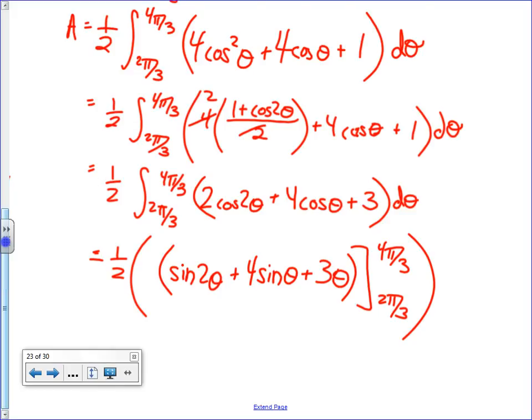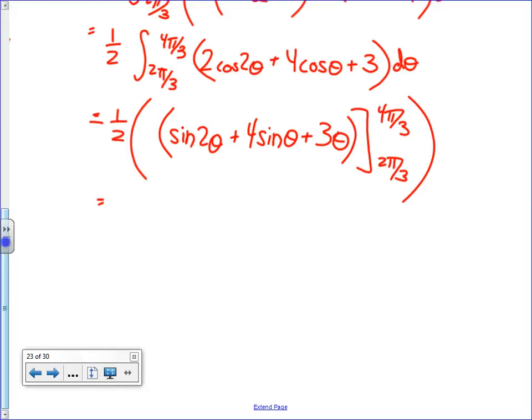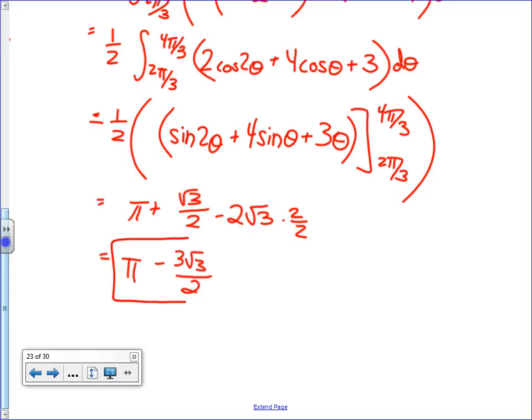And then I'm just going to do a dot, dot, dot at this point and say the final answer ends up being pi plus root 3 over 2 minus 2 root 3. I guess you could do something like, then that would be 1 root 3 over 2 minus 4 root 3 over 2, so minus 3 root 3 over 2. Is that right? 1 minus 4 would be negative 3. After you plug in and solve everything.